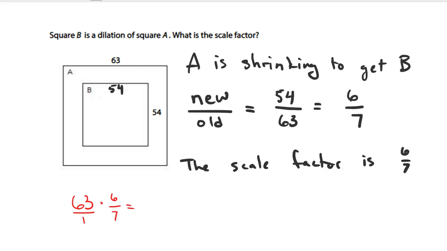And if we multiply straight across, we have 63 times 6 is going to be 378. And then we can multiply 1 and 7. If I do 378 divided by 7, we get 54. Feel free to check my work here, but that's 54. And that was the dimension of our new square right there. That's an easy way for you to verify.